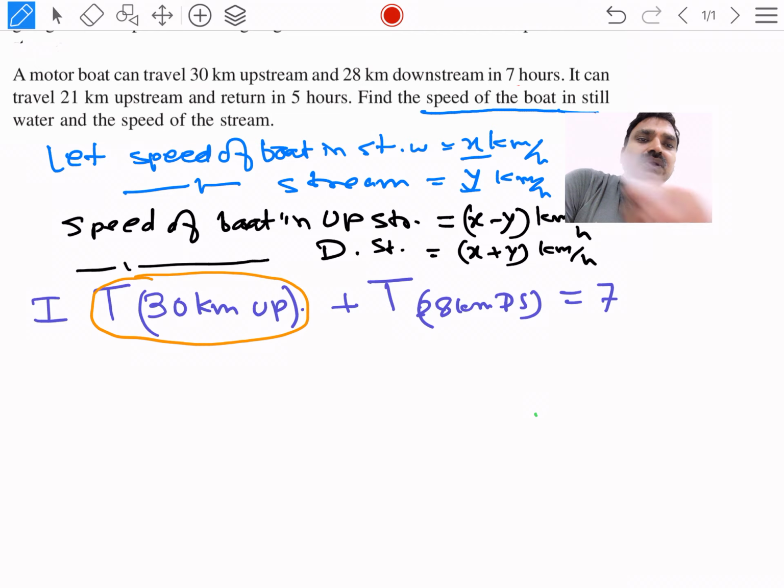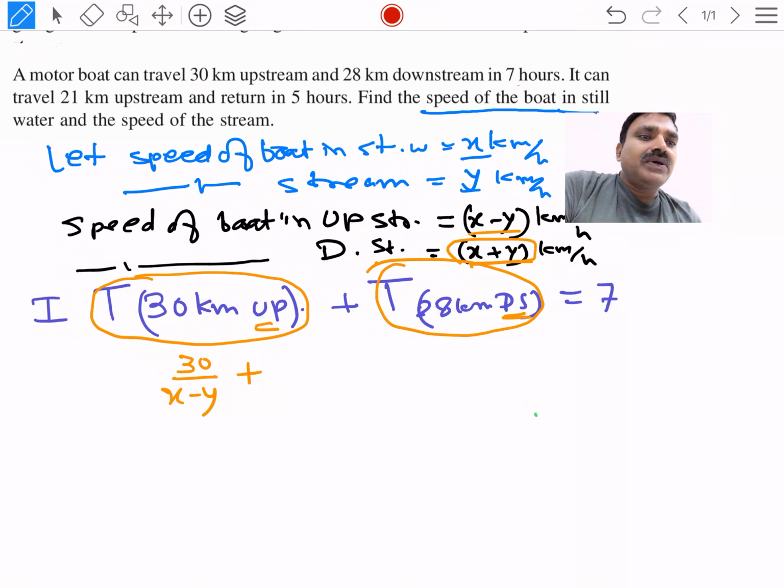Time is equal to distance divided by speed. It will be 30 divided by the upstream speed. Upstream speed is x minus y, so 30 upon x minus y, plus the time in downstream. Downstream speed is x plus y. So it will be 28 upon x plus y is equal to 7. In this way we will find our equation, the first relation between x and y.